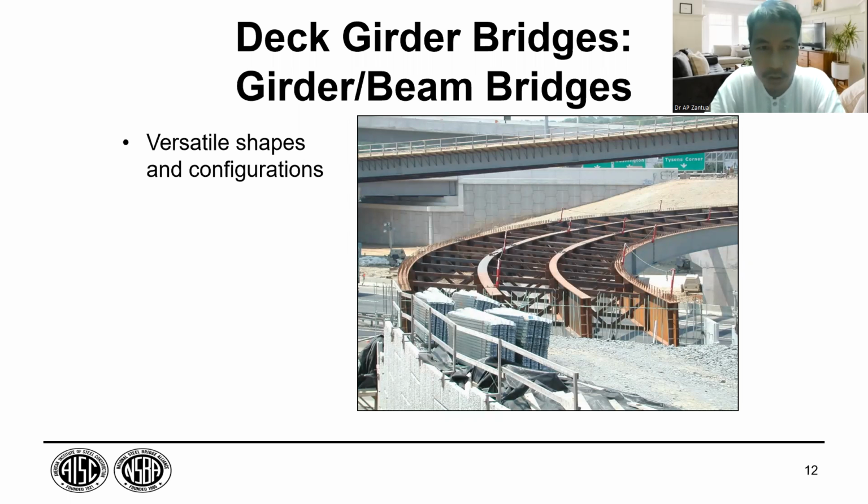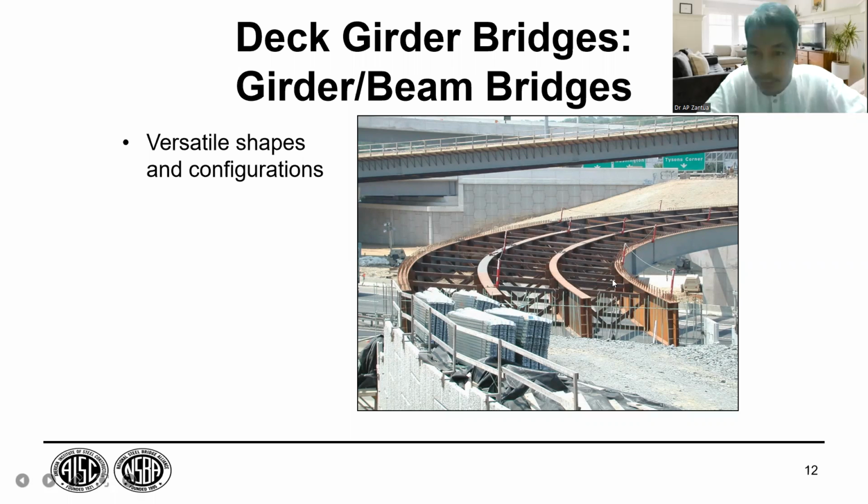Girder beam bridges, versatile shape and configuration. As you can see, this is a W type of beam, but there are braces. There is bracing where the bracing is actually connected to the trusses.